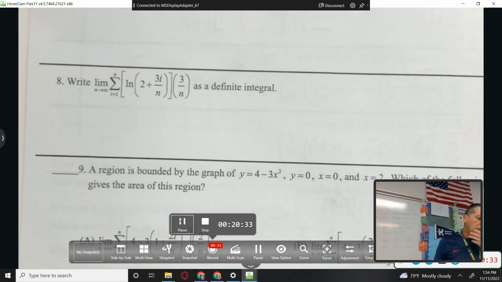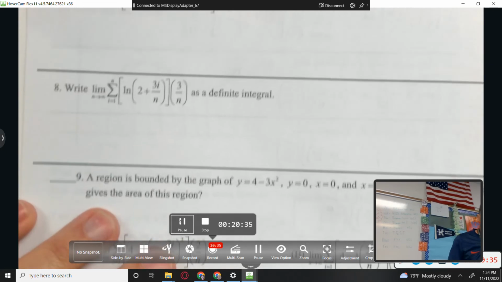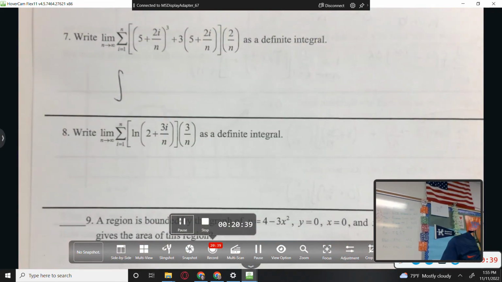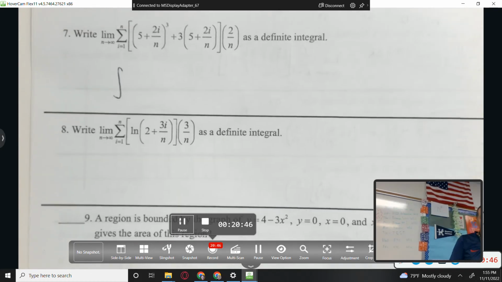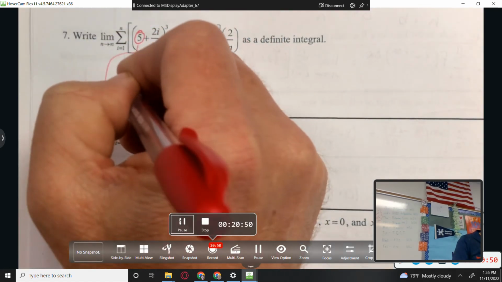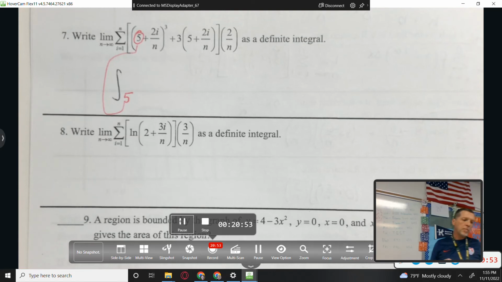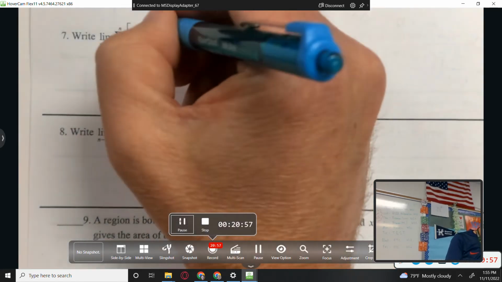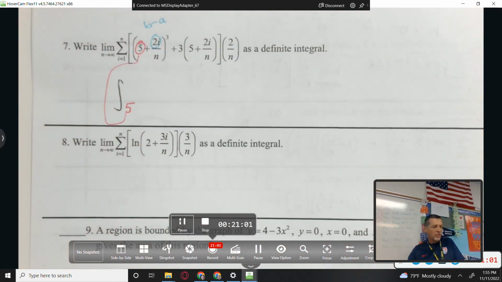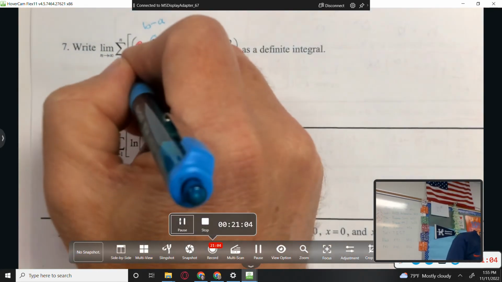All right, number 7 is going the other way. So integral. What are we starting at? What's our starting number? Have you seen enough of these to know yet? 5. That's our A value. And how far away are we going to go? So if we go 2 away from 5, we end at 7.